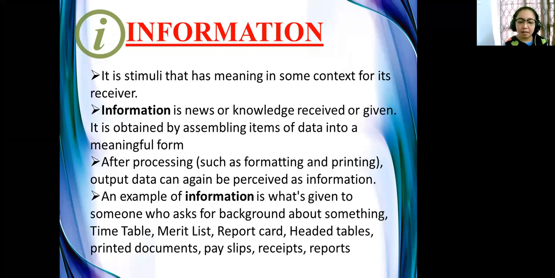It is obtained by assembling items of data into a meaningful form. So from data, once we have gathered it and converted it into information, it becomes the news or knowledge, the whole of the data that we gathered.